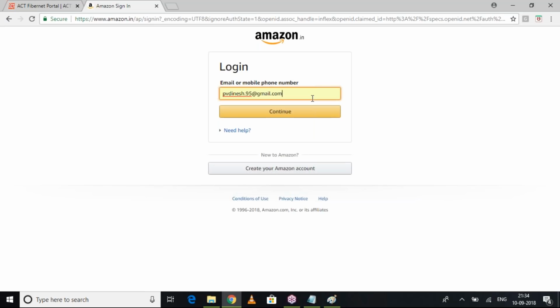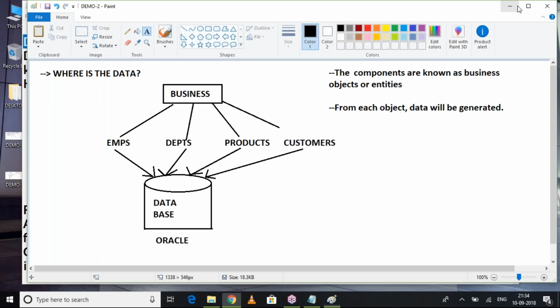Unauthorized persons cannot make any transactions with the business. Simple example, if you have a bank account online, are you able to access your account details? Yes. At what time? If you have username and password to access your details. If you don't have username and password, you cannot do that.